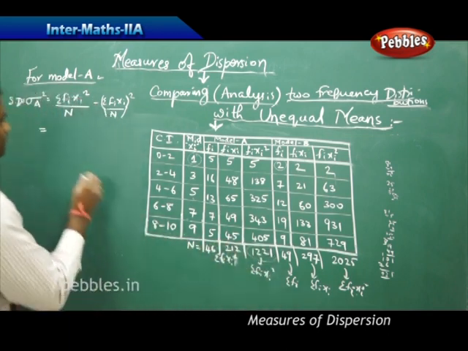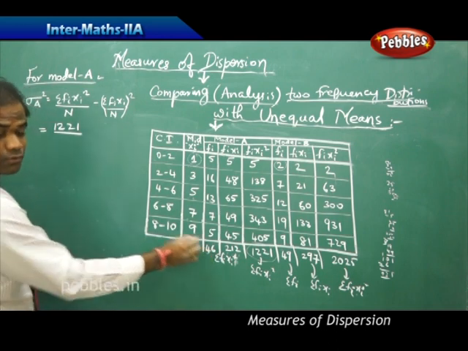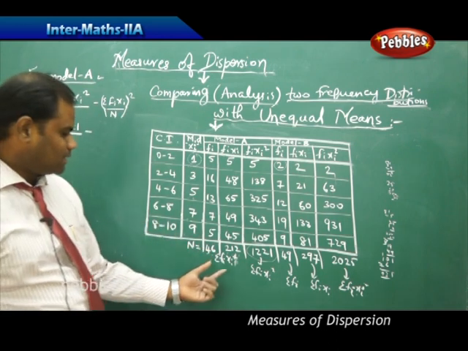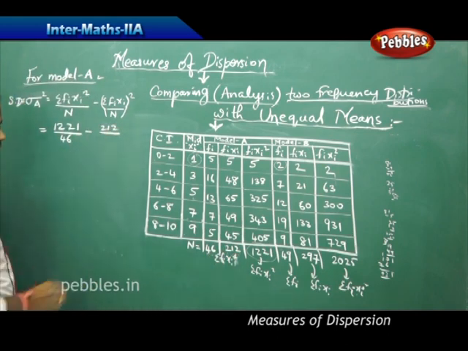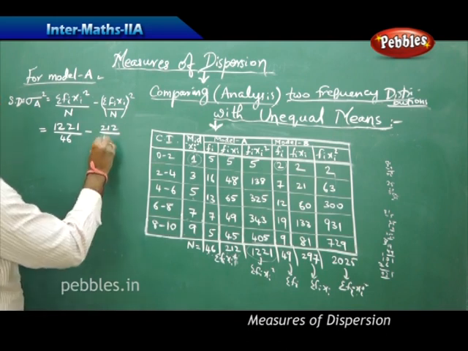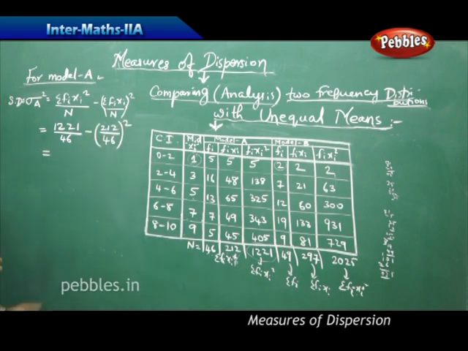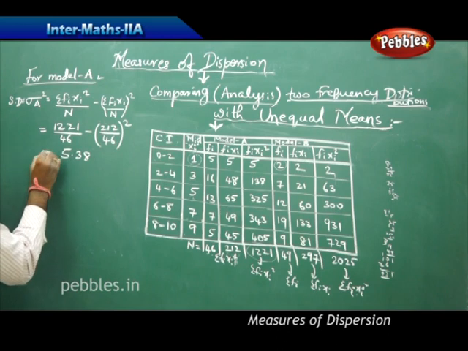Sigma fi xi square is 1221, therefore 1221 by n, which is 46, minus sigma fi xi, which is 212, by n, which is 46, and this whole square. On simplification through a calculator I get the value approximately 5.38.